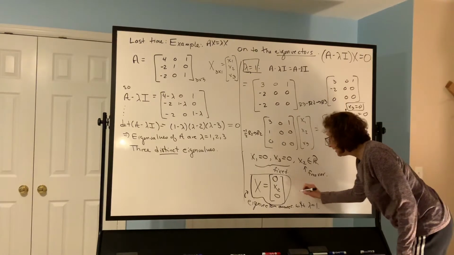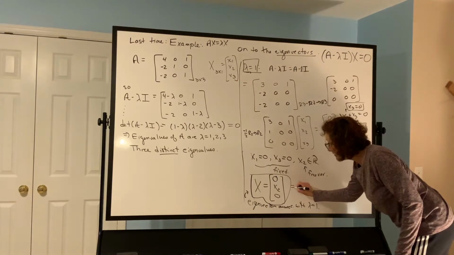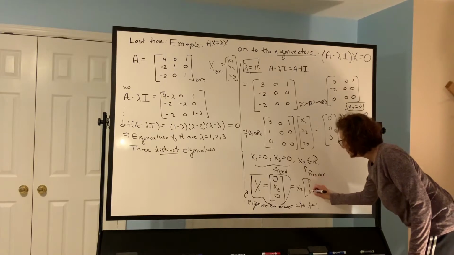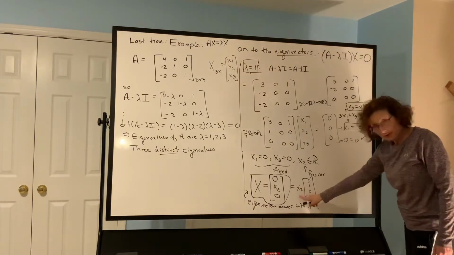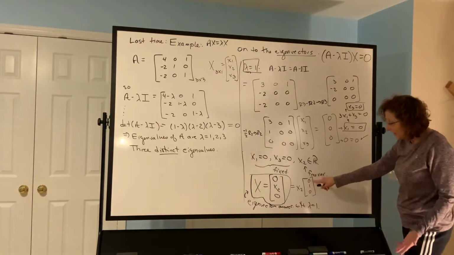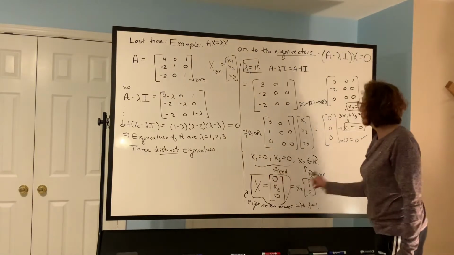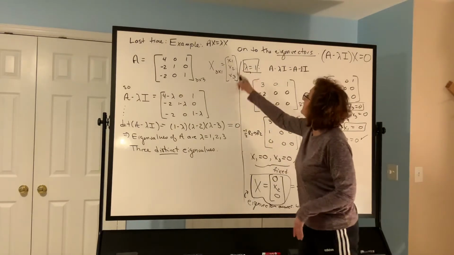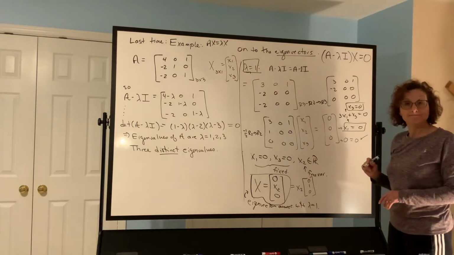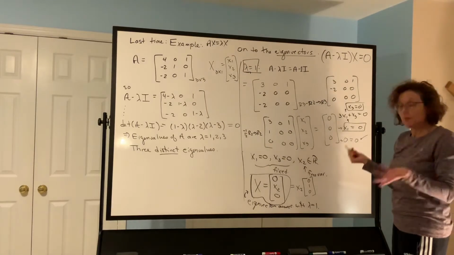But we also want to talk about that eigenspace in more generality, and so I can factor that x2 out and write it as x2 times 0, 1, 0. x2 is a real number, some constant, so this is a scalar multiple of the vector 0, 1, 0. Any scalar multiple of the vector 0, 1, 0 is an eigenvector, or lives in the null space of A minus lambda I for lambda equals 1 for this problem, okay? So that's the eigenspace associated with lambda equals 1.